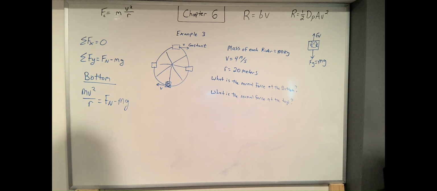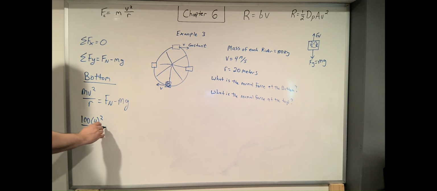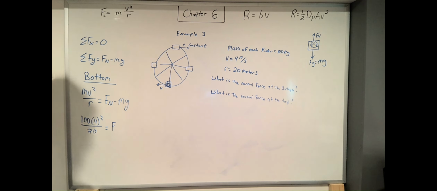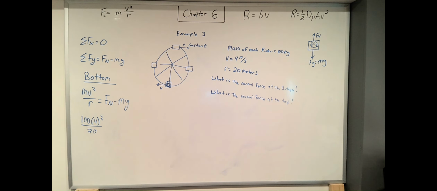Okay. We can then plug in whatever we need for our masses. So here we would have 100, the velocity is 4, the radius is 20, and that would then be equal to, well, let's do a little bit more algebra.